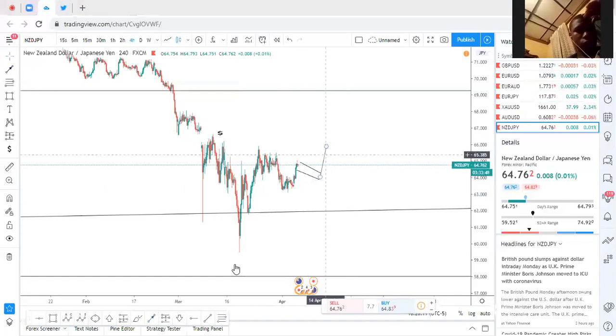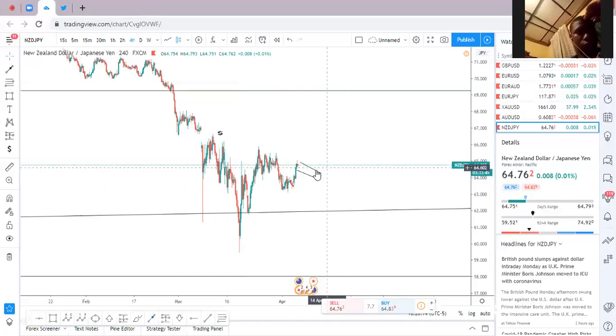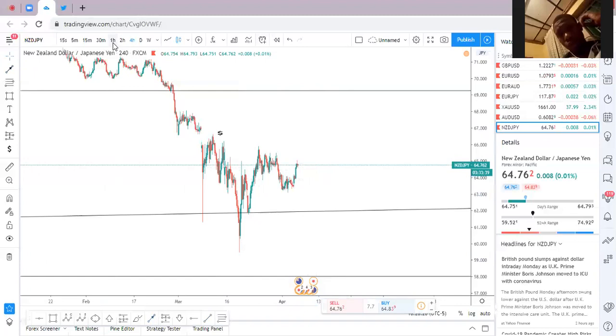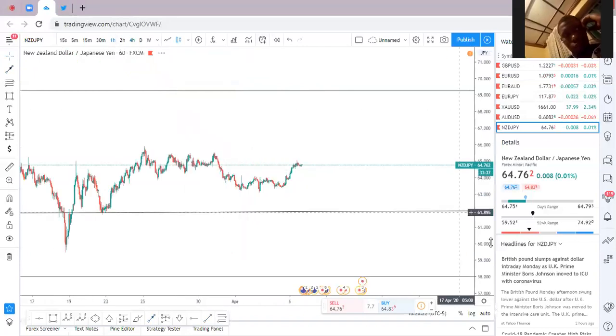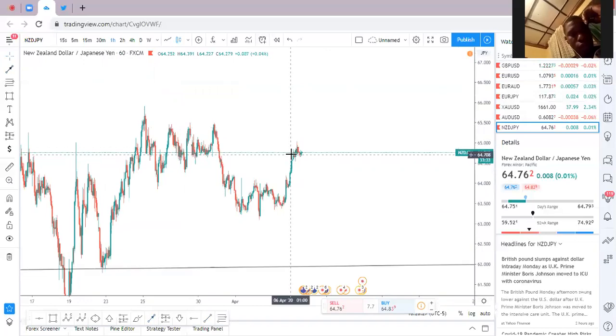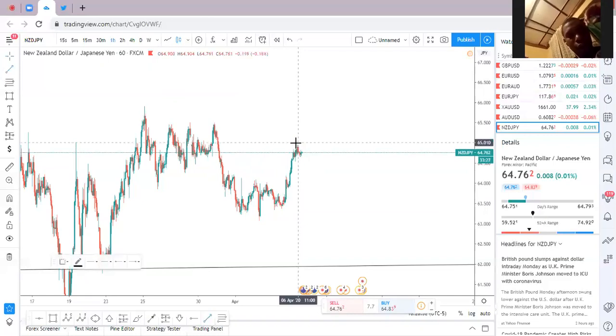So let me quickly go to lower time frame to show you. You can see already we are having something rough there, but that's surely what we're going to get. We're going to get something like this.